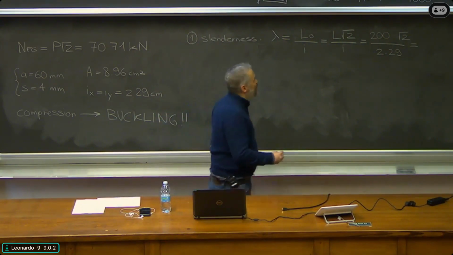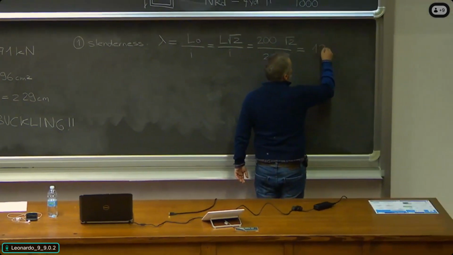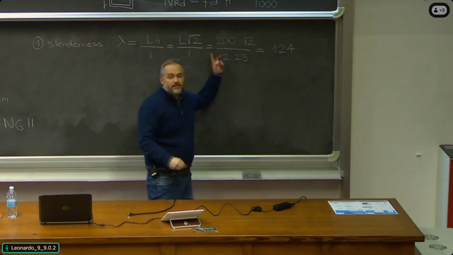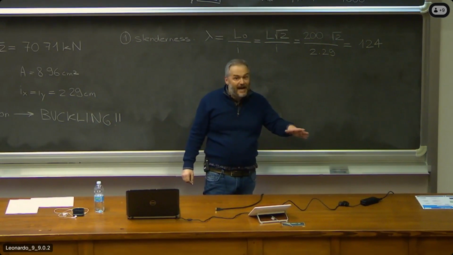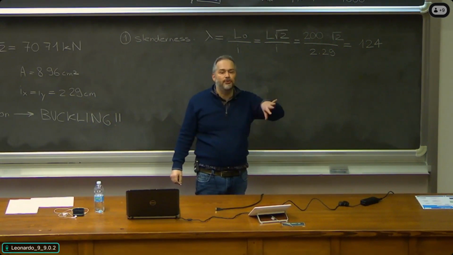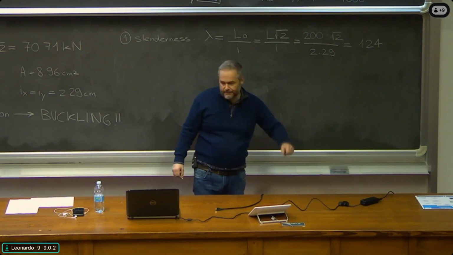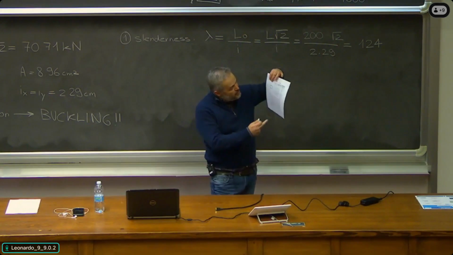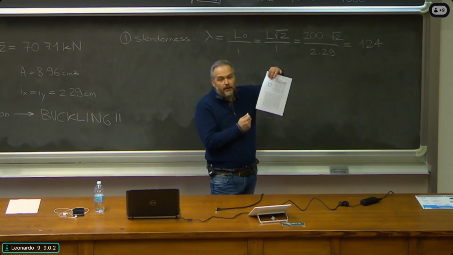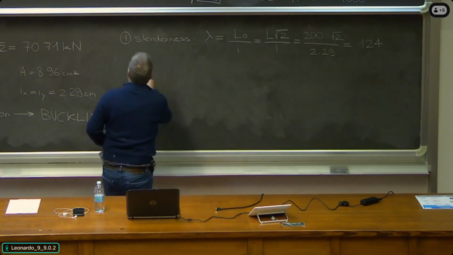The result is 123.5, which I will round up to 124, because in the case of slenderness, rounding up is on the safe side. The higher the slenderness, the more prone the member is to buckling. From the table you had at the back of the page, you can work out omega as a function of lambda.